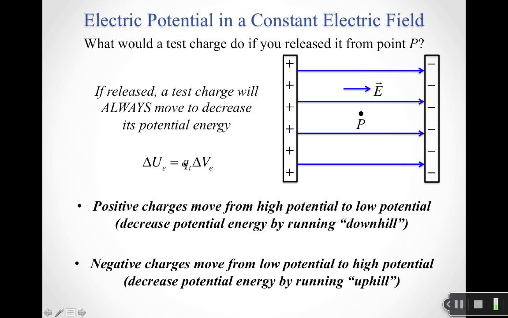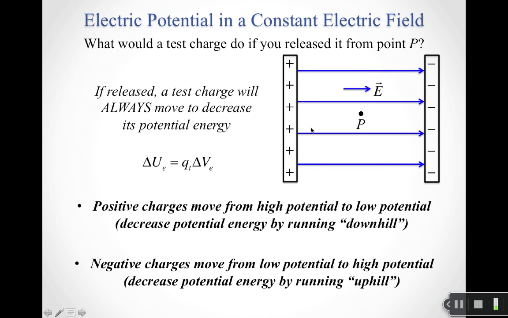If that's a negative charge, well, now my Q is negative, which means to keep the right-hand side of my equation negative, delta V should be positive. So what that tells me is that a negative charge, when released in my field, will actually move to increase the potential. So it'll move from a low potential point to a higher potential point.